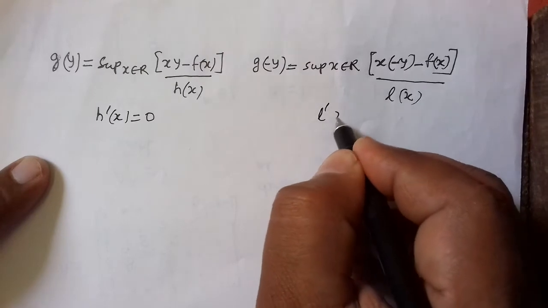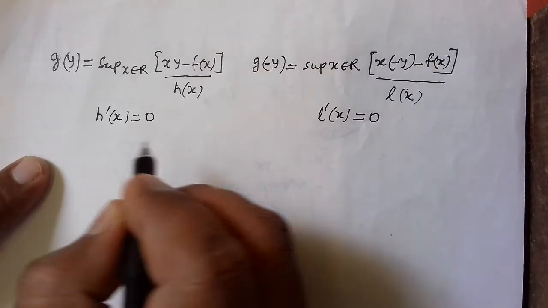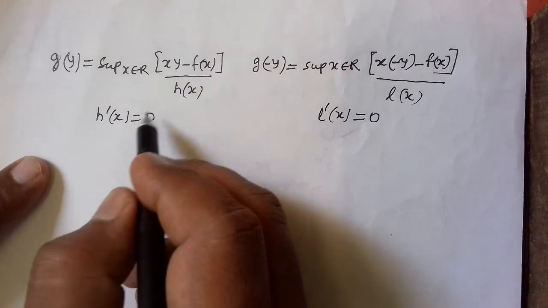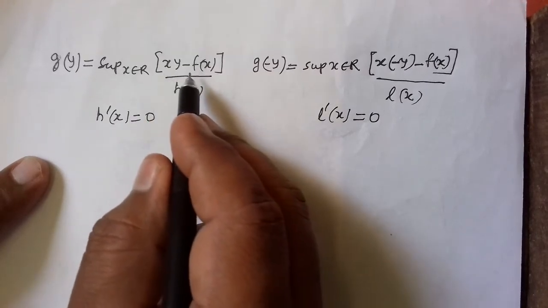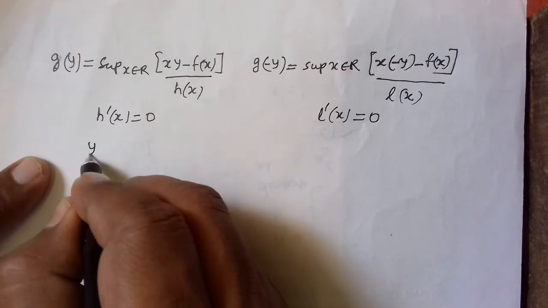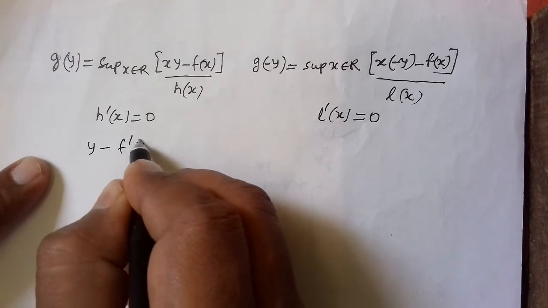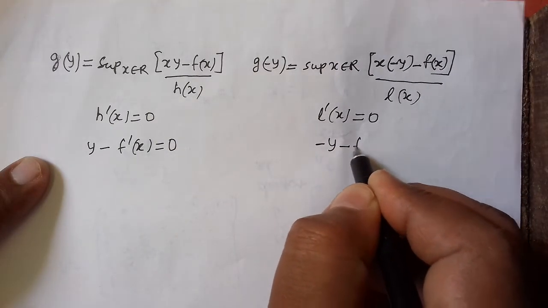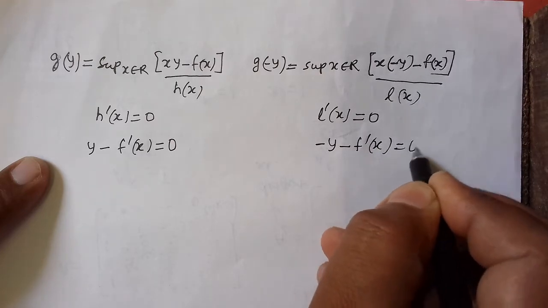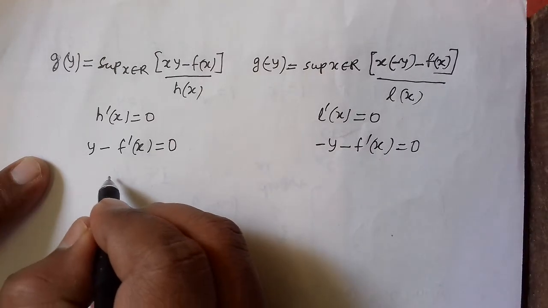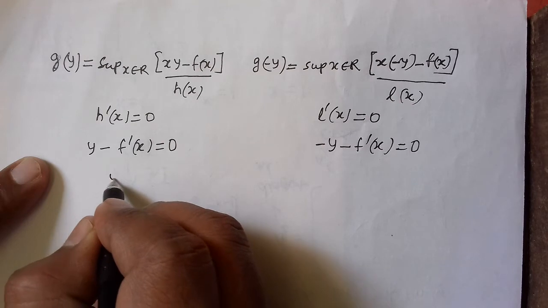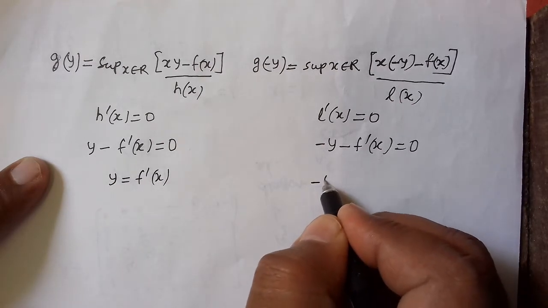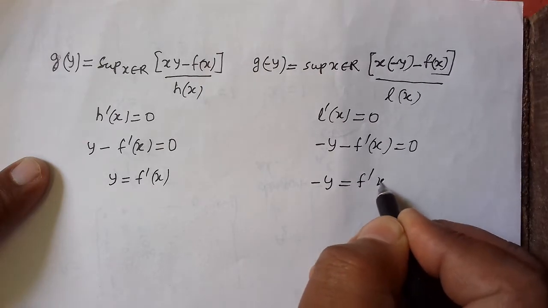Similarly, l'(x) will be 0. If you differentiate this with respect to x, you get y minus f'(x) equals 0, and here minus y minus f'(x) equals 0. This gives us y equals f'(x), and here minus y equals f'(x).